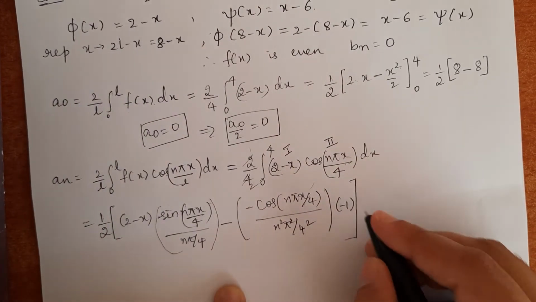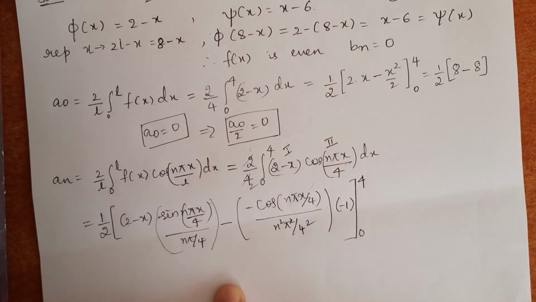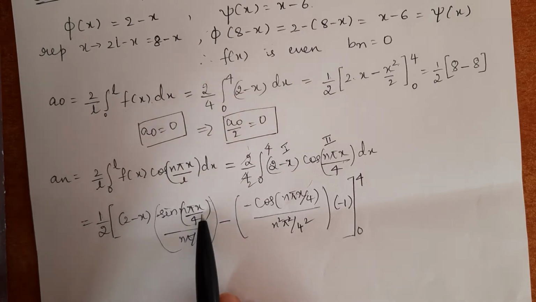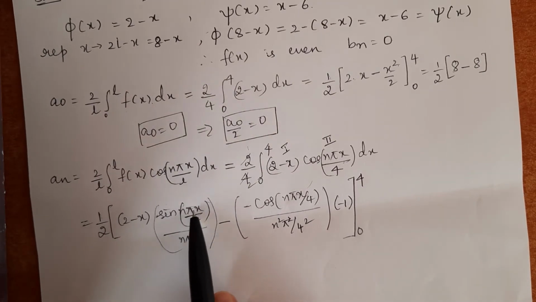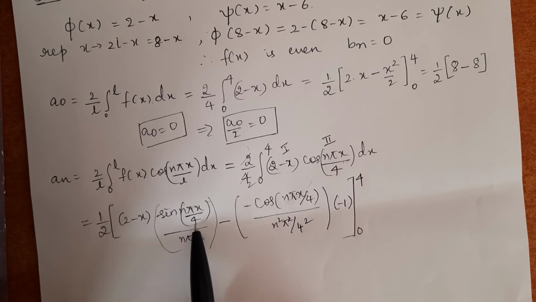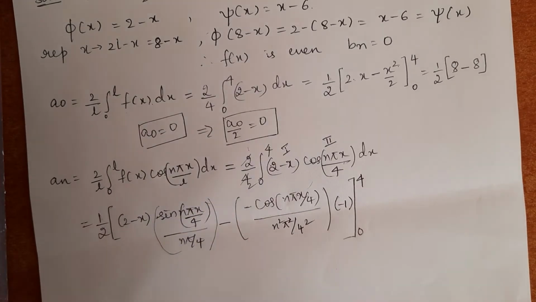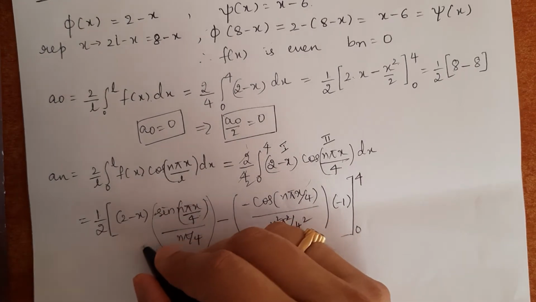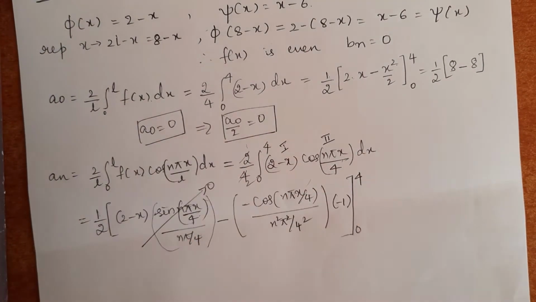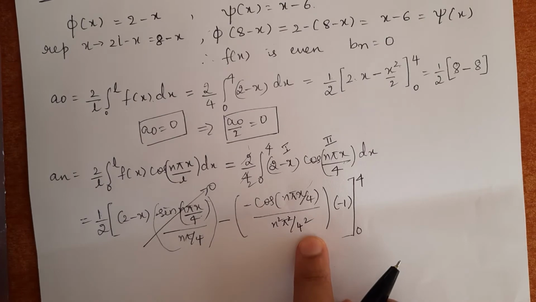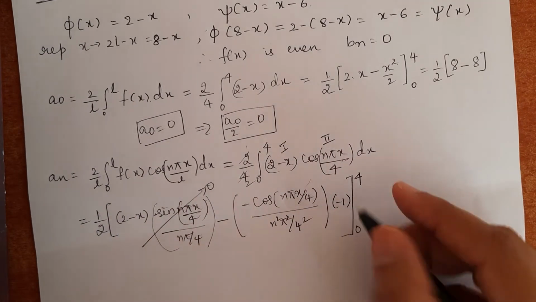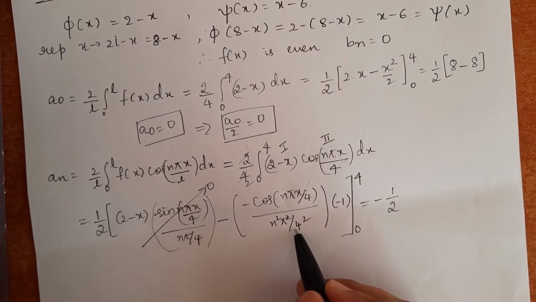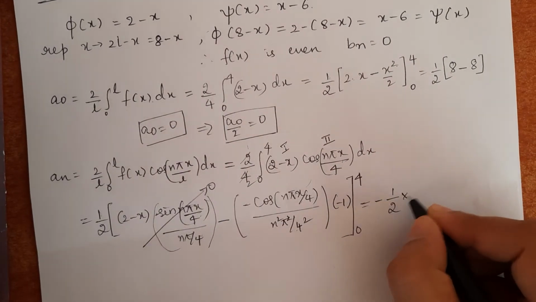This is between the limit 0 to 4. Now, let us substitute the limits. If I substitute the limit for the sine term, sine n pi into 4, 4 gets cancelled, sine n pi value is 0. So, upper limit becomes 0. Similarly, sine 0 is also 0. So, this whole term becomes 0. Here, this term will be minus into minus into minus, which is minus 1 by 2 into this denominator, the denominator goes to the numerator.